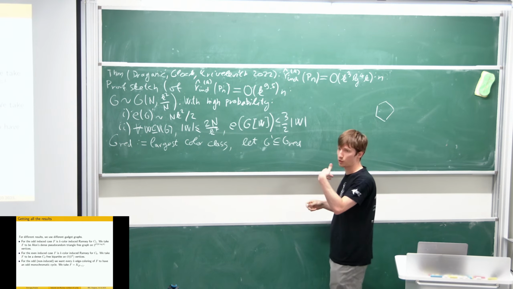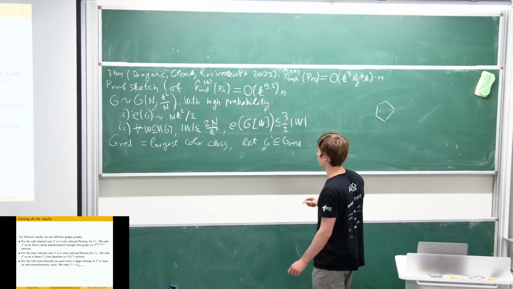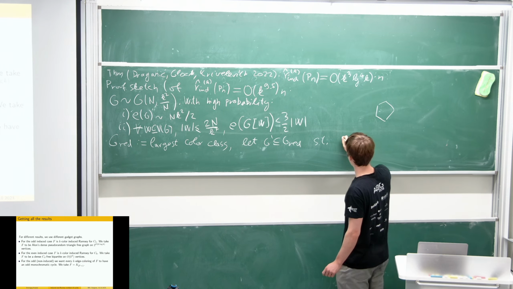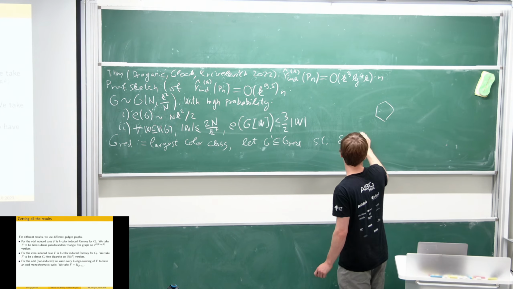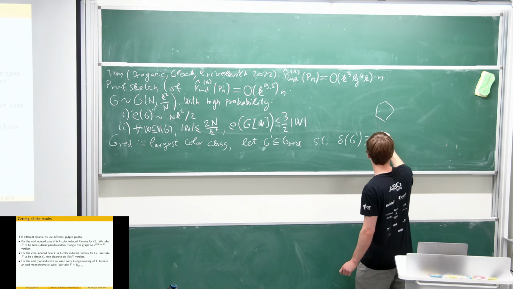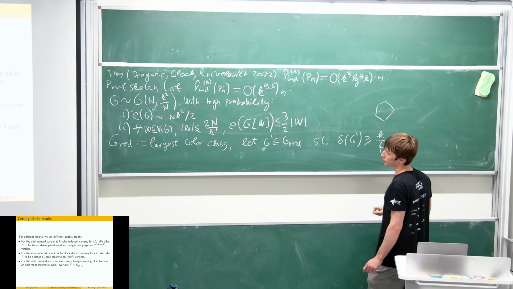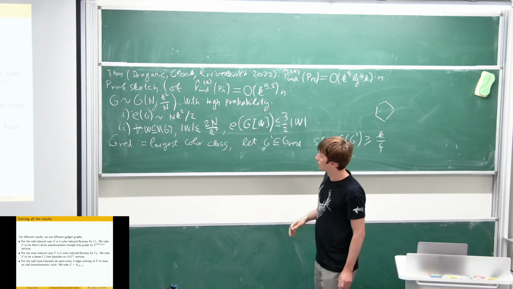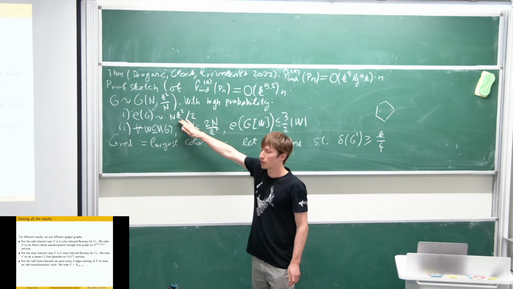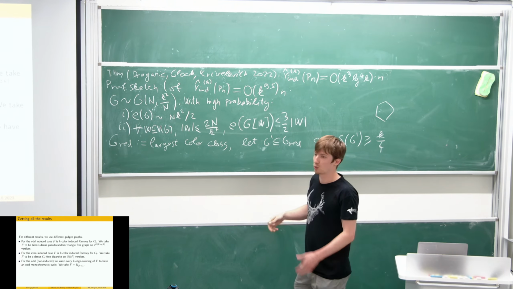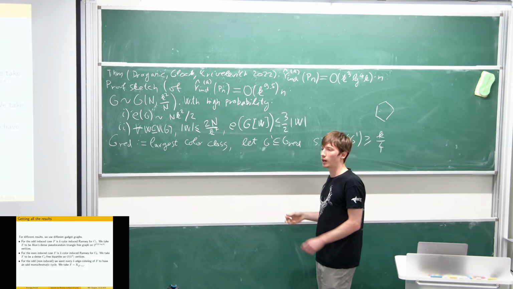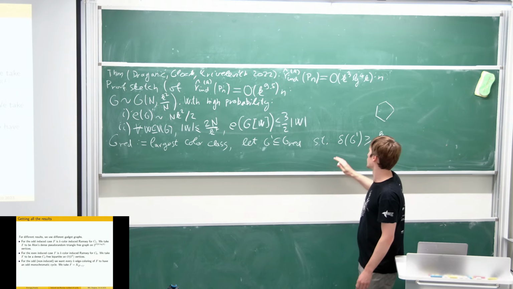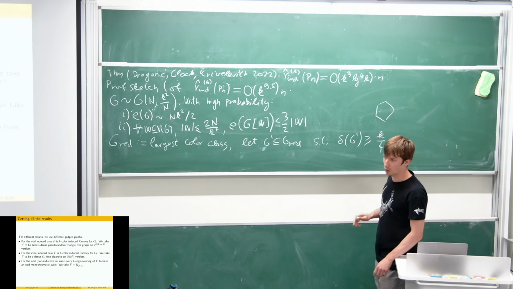So I remove vertices of very small degree to obtain a graph G prime which has minimum degree at least, let's say, k over 4. Okay, so just to convince you of the numbers, G has average degree k squared, so one of the color classes has average degree k, so I can remove vertices of low degree to get a subgraph with minimum degree at least k over 4 in red.